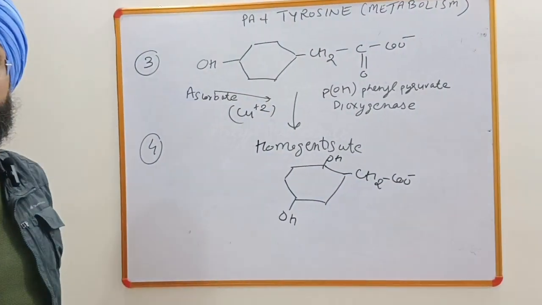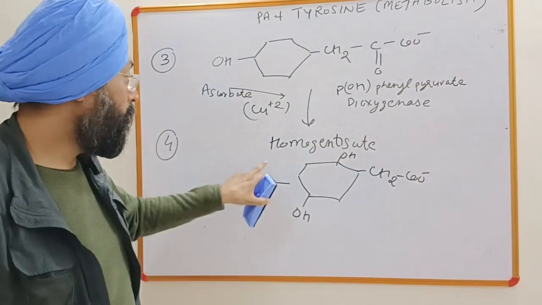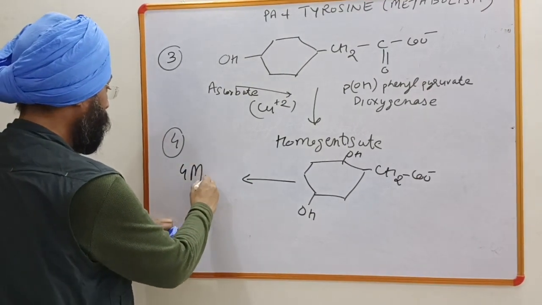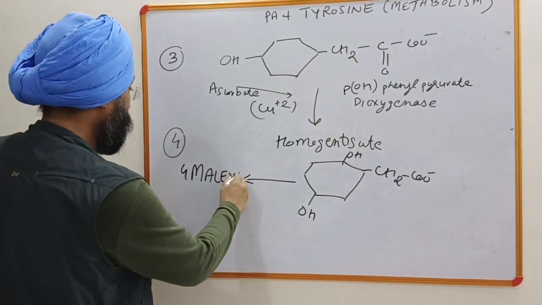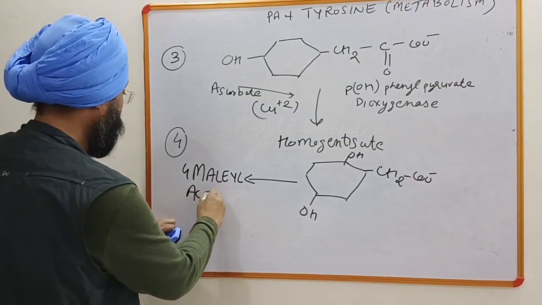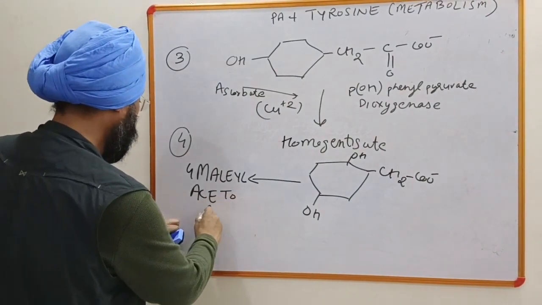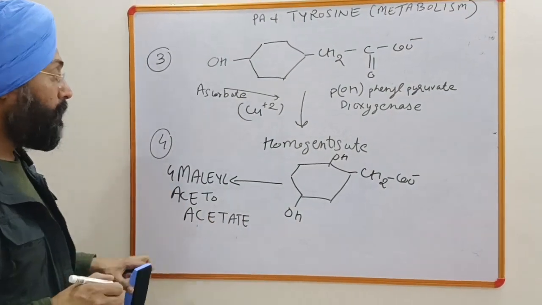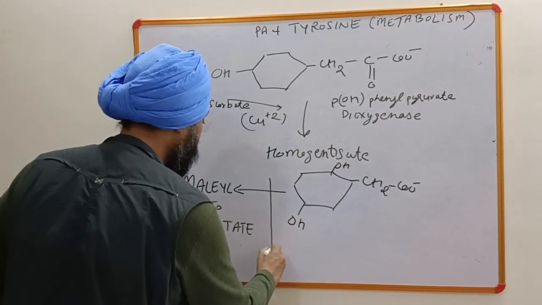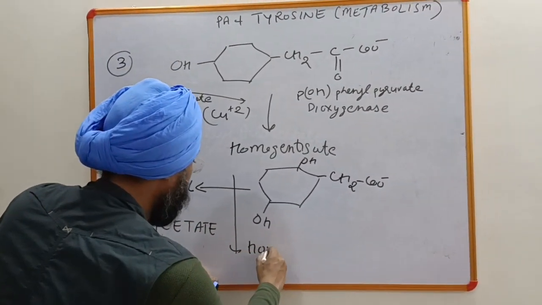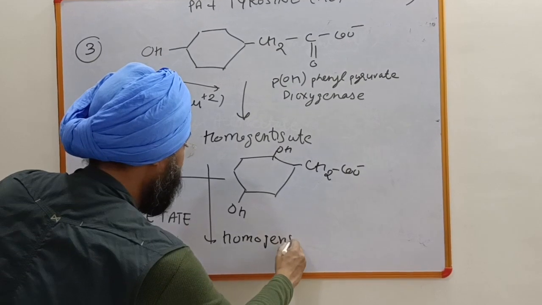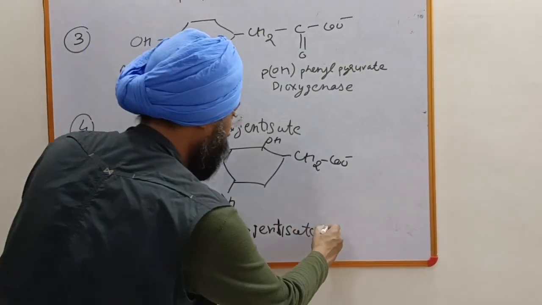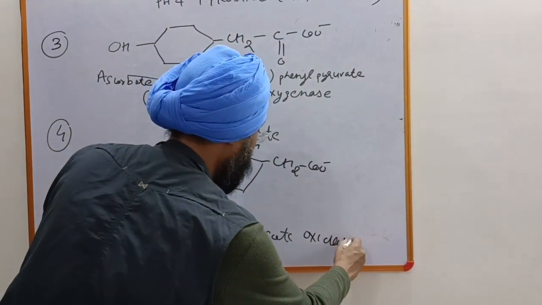Right? This is homogentisate, and now homogentisate is further converted to 4-maleylacetoacetate, right? So the enzyme here is homogentisate oxidase, right?